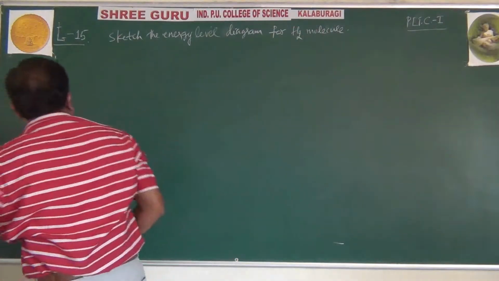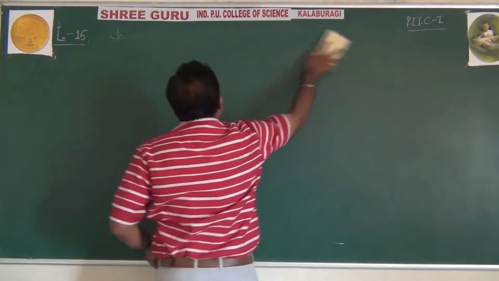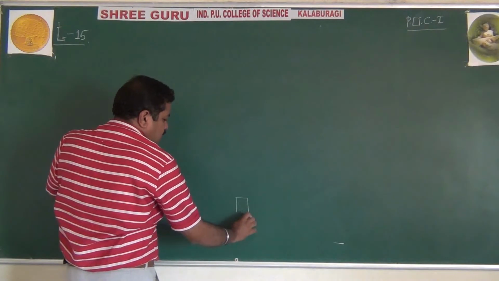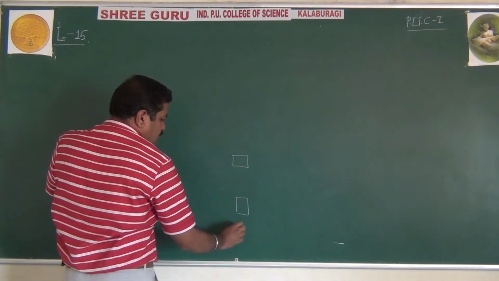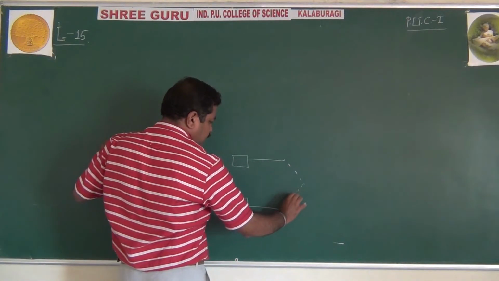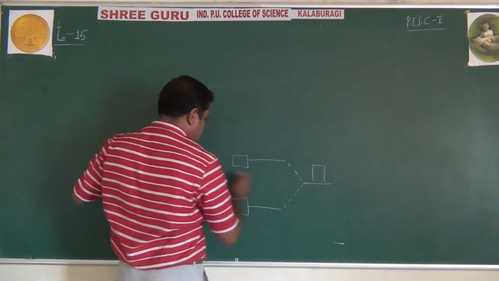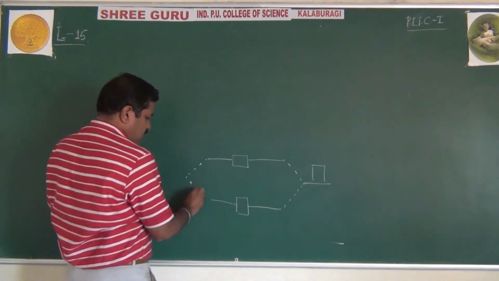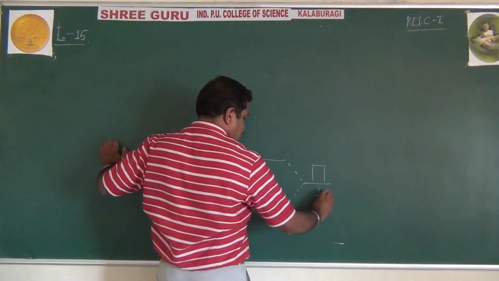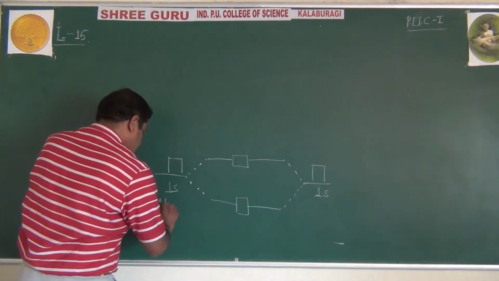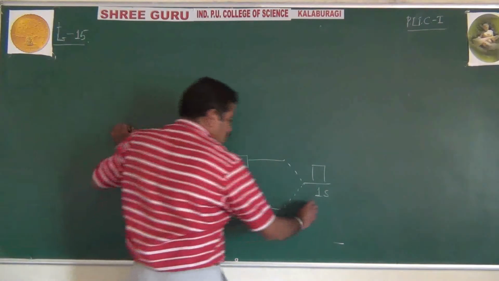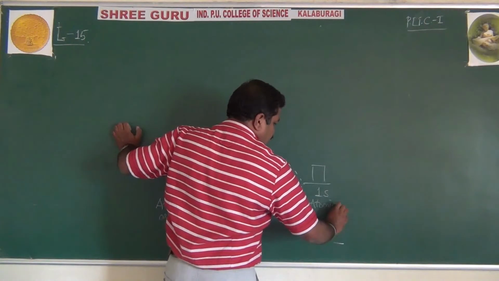Before going to this, what is the energy level diagram? Sorry, I have not told you how to draw this. See here. First, this is the atomic orbital, and this is the molecular orbital. These are the 1s atomic orbitals.